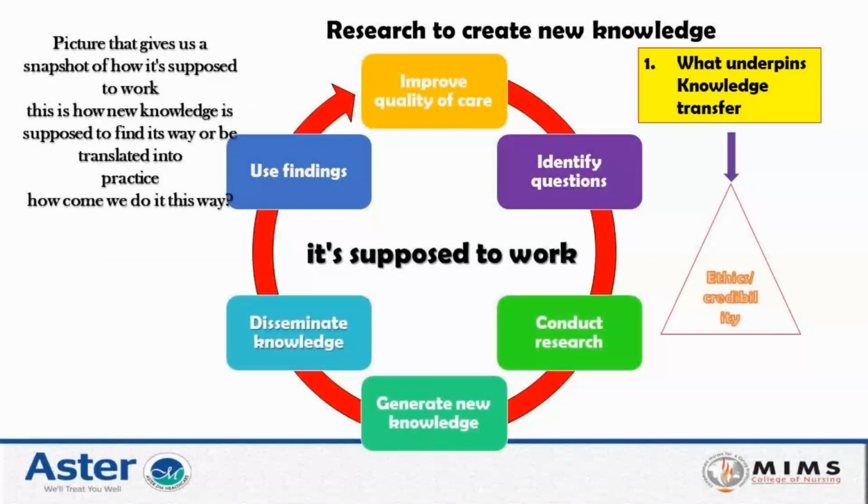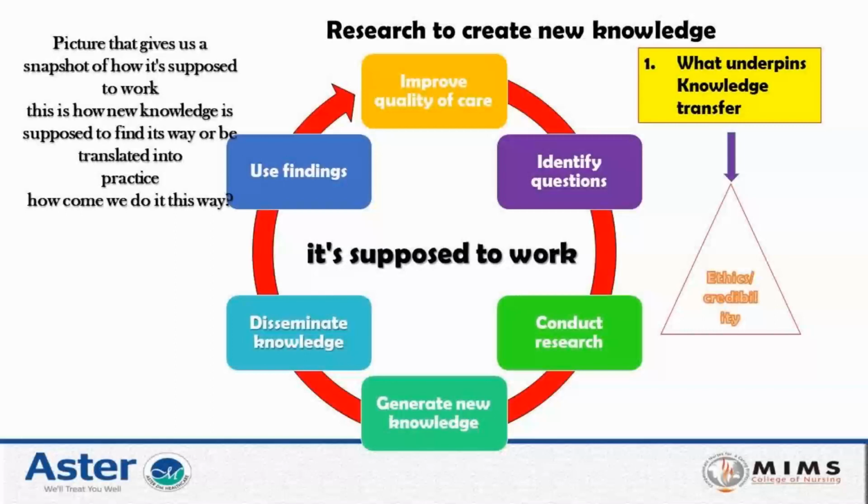Then, the first one, what underpins the knowledge transfer? See, once you do a research, you will be identifying questions, you may be conducting the research. Before conducting the research, you may have to undergo a lot of ethical formalities and you should get an ethical clearance. And then you may do the research, conducting the research and creating new knowledge. Once the new knowledge has come, you disseminate the knowledge, and after dissemination, people synthesize it, exchange it, they may use the findings.